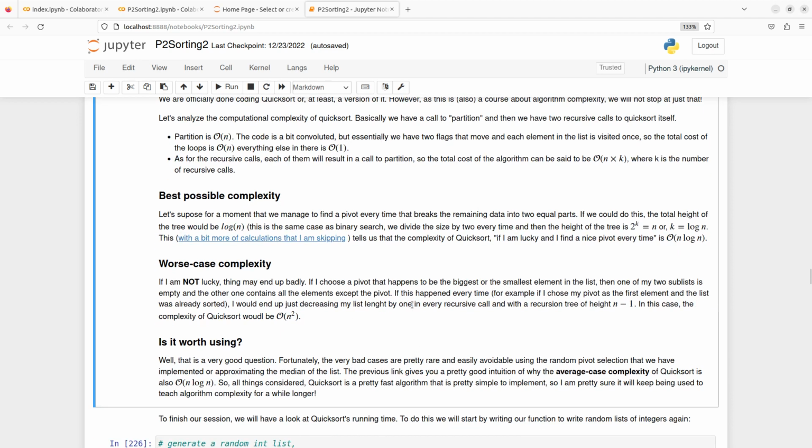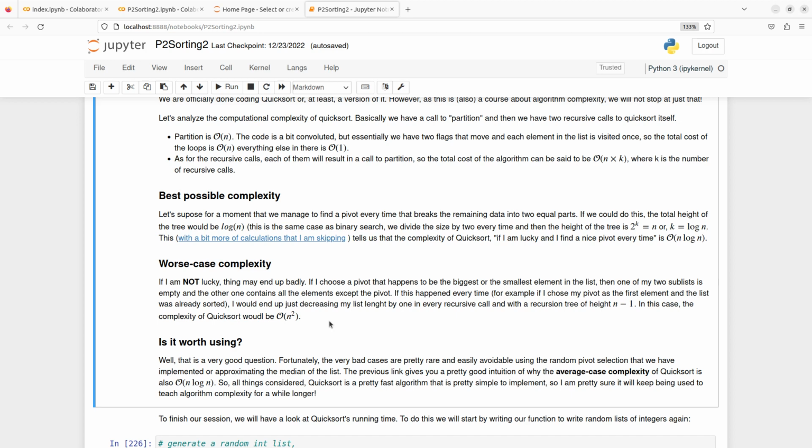So, is it worth using quicksort? Well, I'm not going to go very deep into this, and you can look into the average case complexity of quicksort, but the short answer is yes. Basically, by randomizing part of it, as we did by choosing a random pivot, you make the extremely unlucky case very, very unlikely.